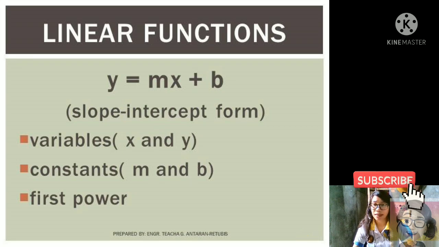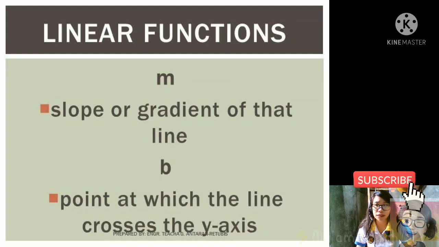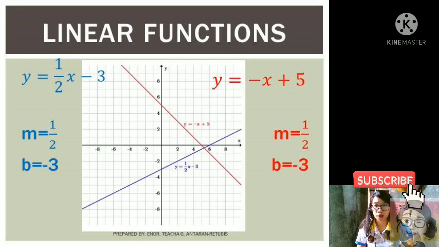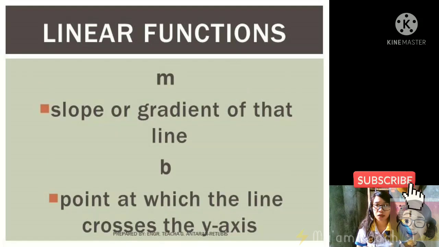Again, the graph of a linear function is a straight line, just like what you can see here. Again, your m represents your slope, while your b is the y-intercept. Simply speaking, the b or y-intercept is the point where the graph of your line crosses the y-axis.